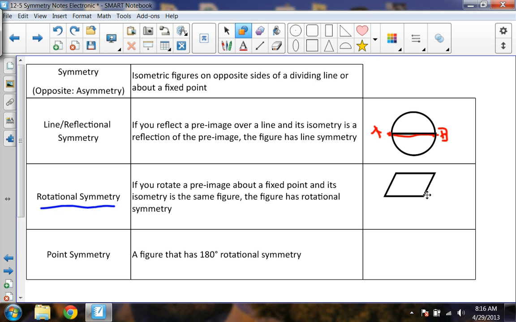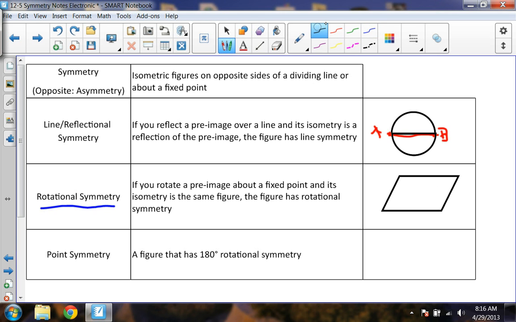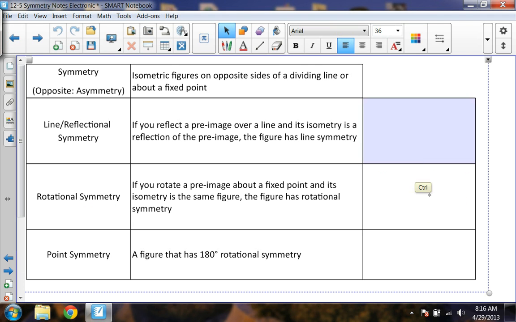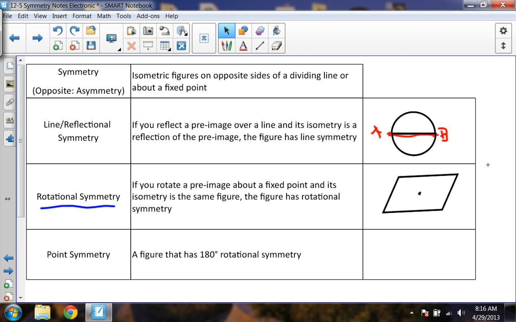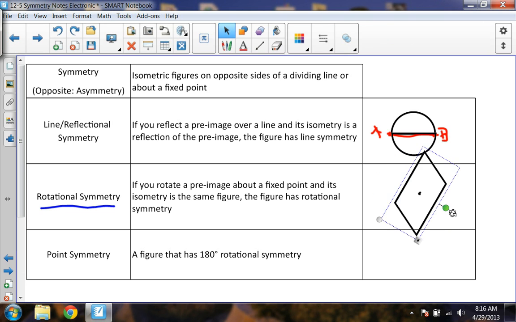If I take a parallelogram and rotate it about a fixed point, let's say this fixed point right here, and that's not a perfect center. If I take this and rotate it 180 degrees, like that, I end up with the same shape. So there's a fixed point that I can rotate about to make that possible.